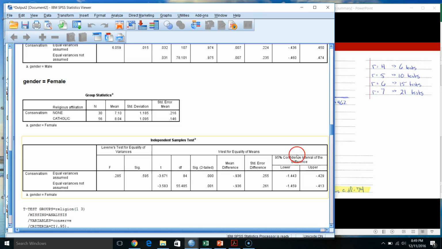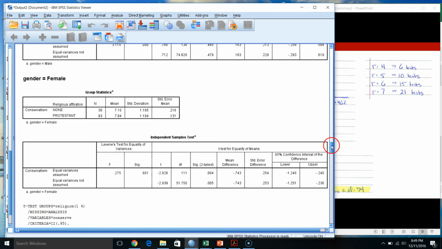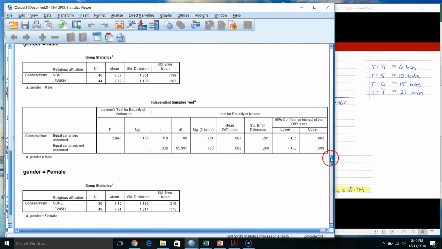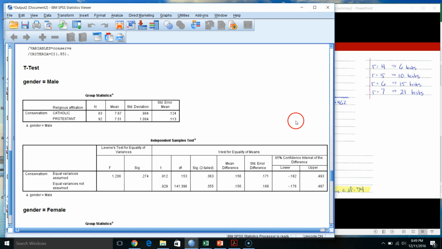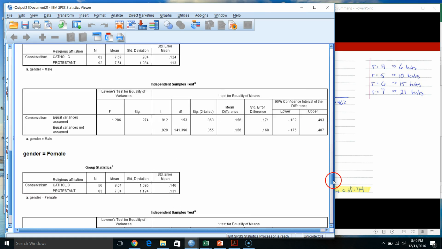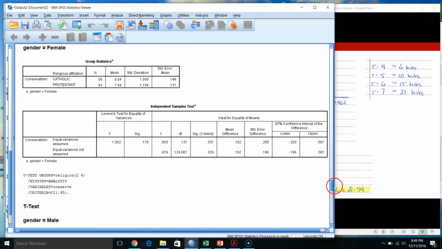Okay, and that would be this here. Going down through, taking a look at our other comparisons, these are comparisons within our participants who have identified a religious affiliation, again ignoring men. Nothing going on in terms of differences between our Catholic and Protestant women.